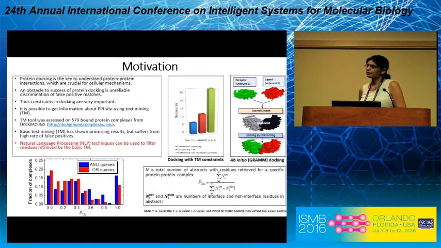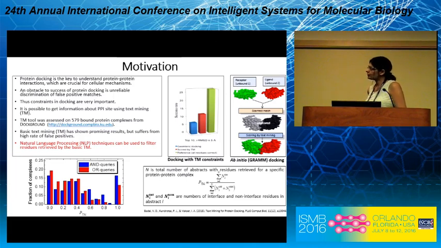To make text mining a more meaningful source of knowledge in protein docking, it is important to enhance it further. Therefore, we have added another layer, an extension of the text mining tool, the natural language processing (NLP) technique, to reduce the false positives with respect to residues.